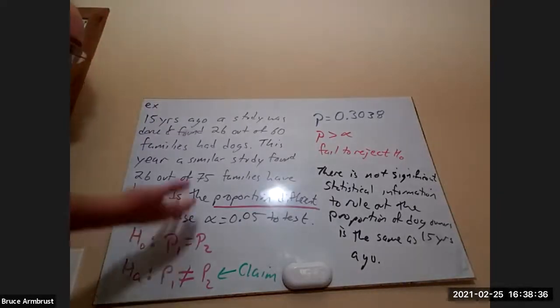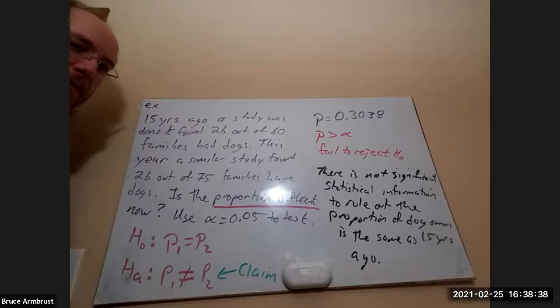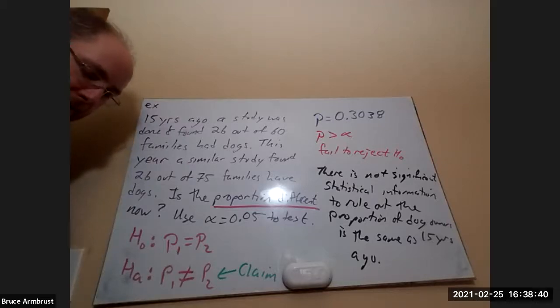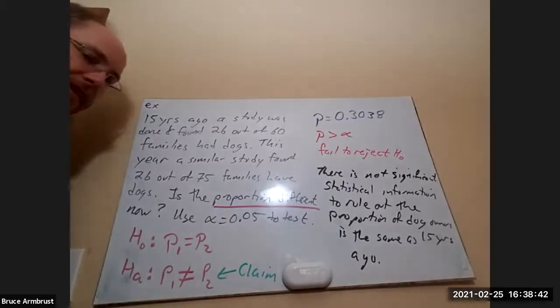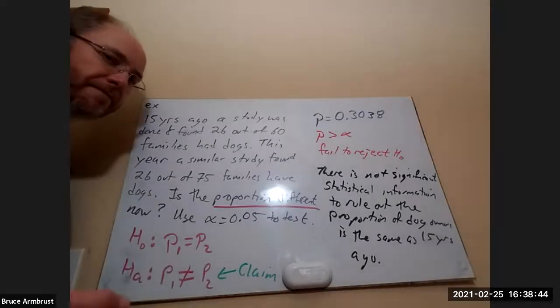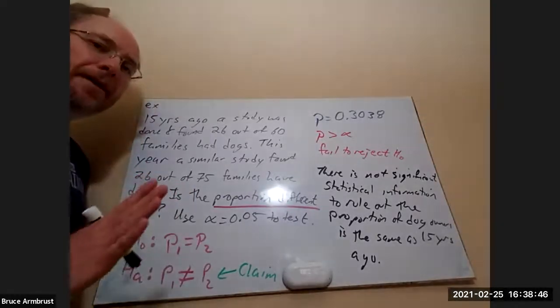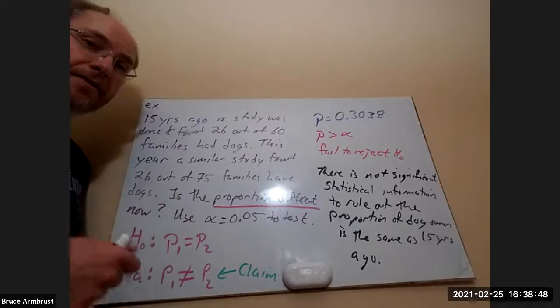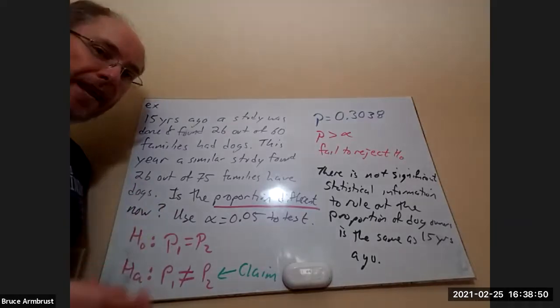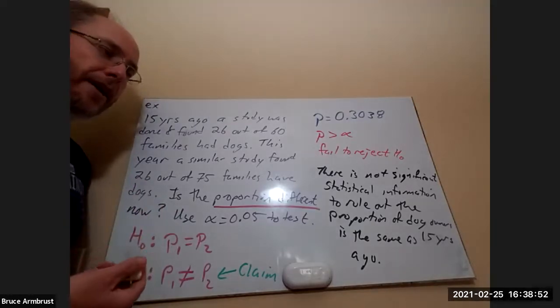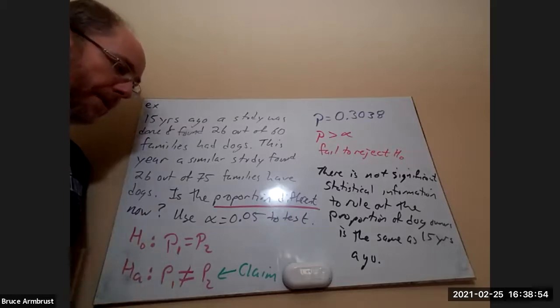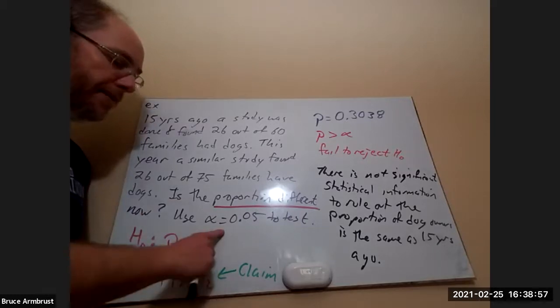All right, so here's an example of a test with proportions. Again, not really that different. Think about similarities and differences here. What are we actually doing that's the same and different? We always, no matter what, have to start with an alpha.